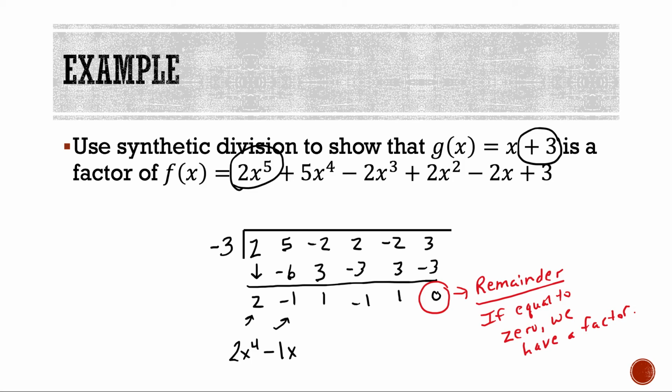Minus 1x to the 3rd, plus 1x squared, minus 1x, plus 1. And so the answer that we actually get when we do the division, dropping some of those 1s, would be 2x to the 4th, minus x to the 3rd, plus x squared, minus x, plus 1.